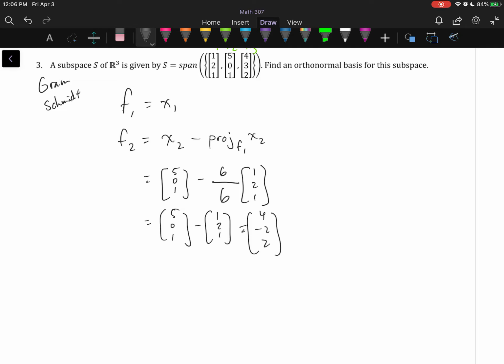And then for f3, I guess we could do just a quick check to make sure that the first two vectors are actually orthogonal. We could take the dot product of 1, 2, 1 and 4, -2, 2. And we get 4 on the top, and then we'd get -4 here, and then 2 there.